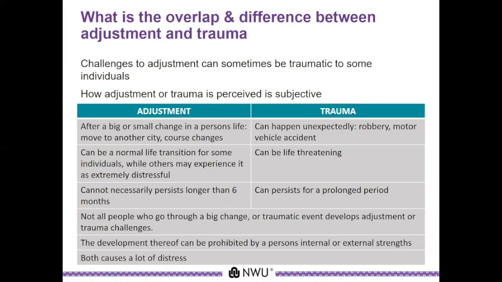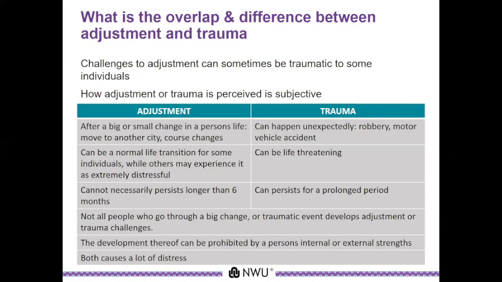For example, going through a robbery or a motor vehicle accident or a sexual offense. It's important that we discuss trauma and adjustment, especially in the context where we find ourselves. South Africa, unfortunately, has huge crime rates, and most adults living in South Africa get exposed to trauma and adjustment at one period or another in their life.